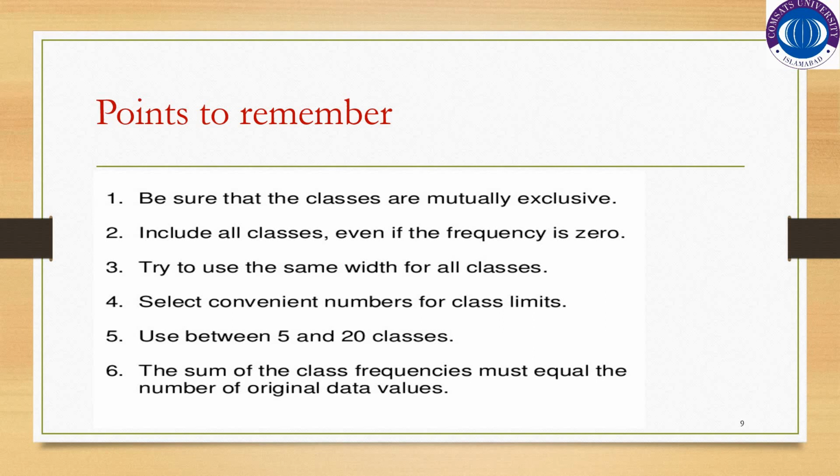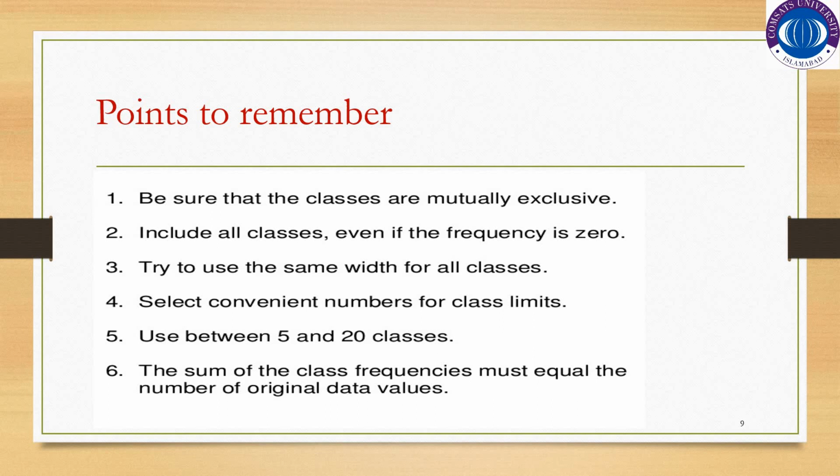Now we will learn the points to remember when we convert ungrouped data into grouped data using the tabular approach. The first point: be sure that classes are mutually exclusive.